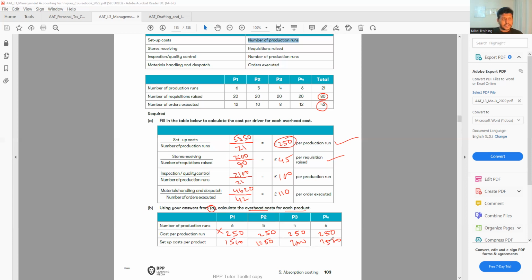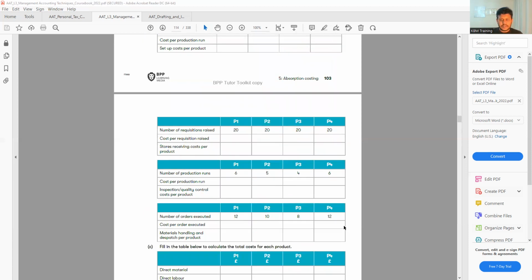Okay, so this is the next one. The third one will have the same thing for the requisition. So 45, we have to multiply by 45 for everything. Have a look at the number of requisitions. We need to multiply by the per requisition cost, which was 45 for each.